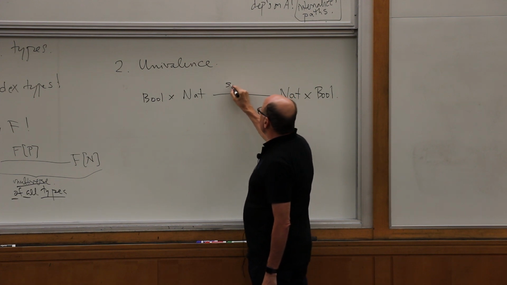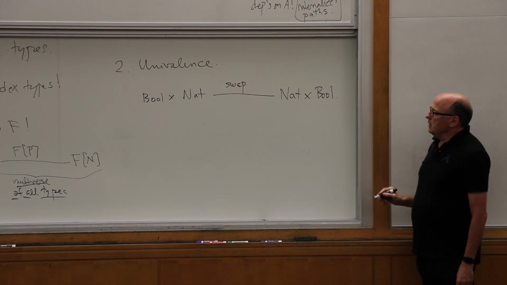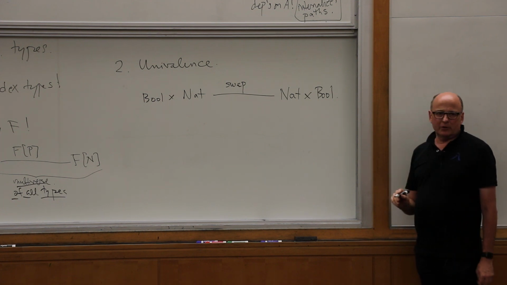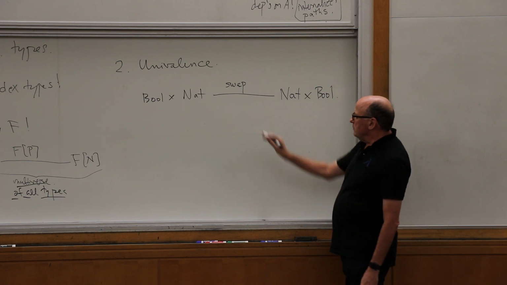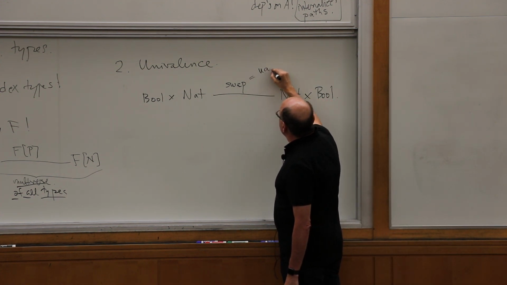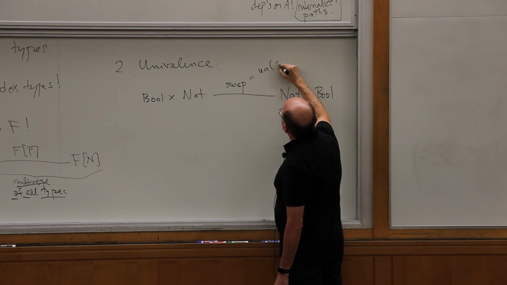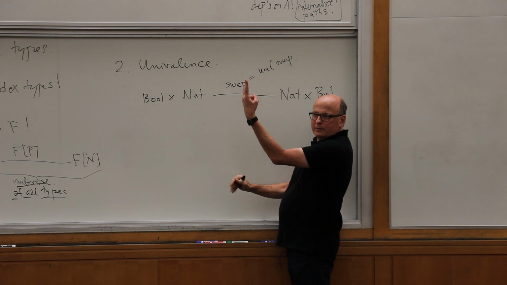And we'll call this line, I'll give it a name, something like swap. So swap is going to be an identification between two types. And now the leading idea going back, so univalence, which is, what is swap? It's really the univalence axiom applied to the fact that the swap function, which takes m and n and turns them into n and m, is an equivalence.